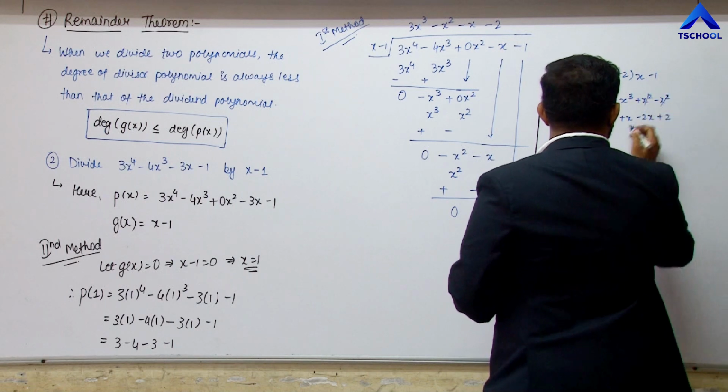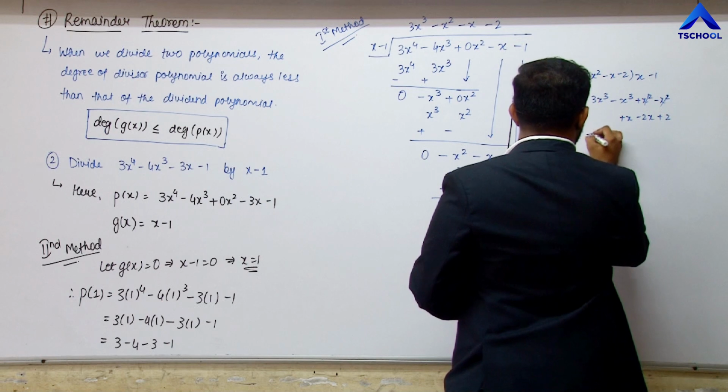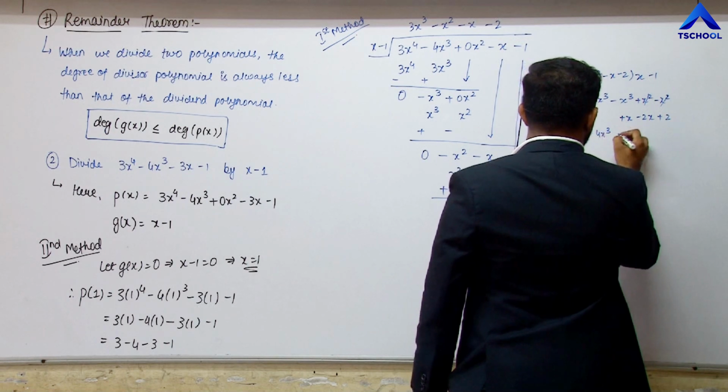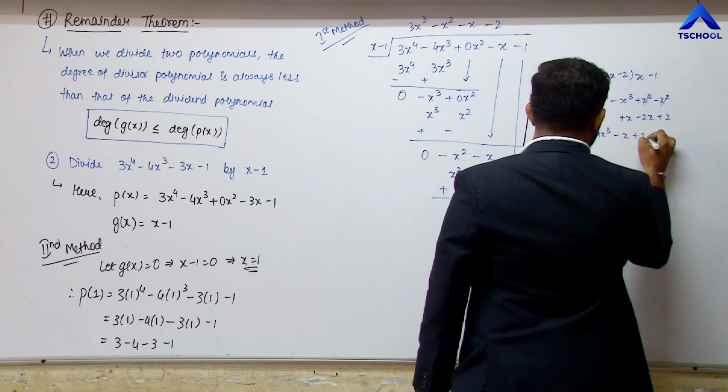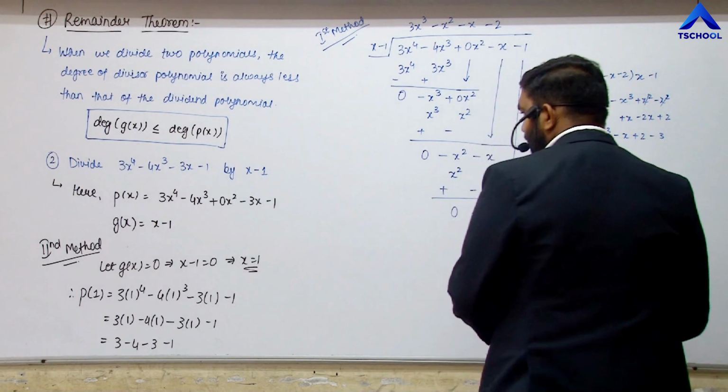So x square is cancelled, that is 3x to the 4 minus 4x cube minus x plus 2 minus 3, that goes for minus 1.